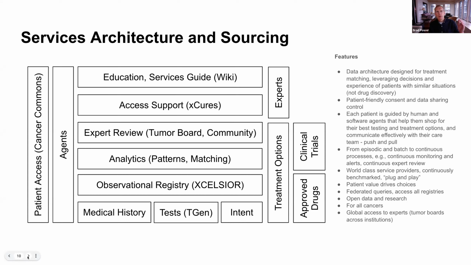And then there's our education and services guide, access support, expert review, so a virtual tumor board in the community, analytics that's finding patterns and doing treatment matching, and the observational registry, which we mentioned, which Excelsior is the product that comes from XCures, and that patients would be contributing their medical history, tests and their intent. And on the right, we have treatment options, experts, both approved drugs and clinical trials.